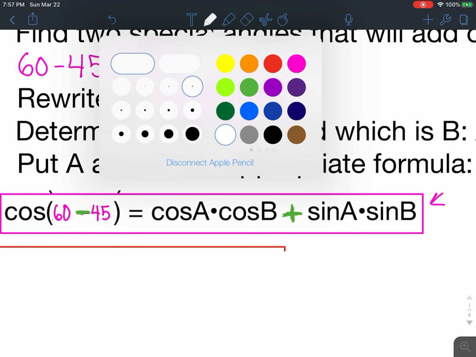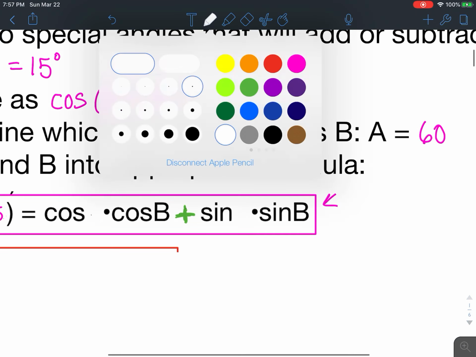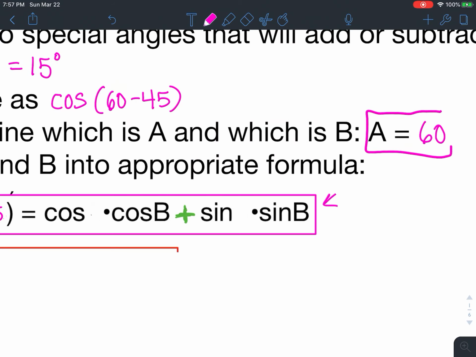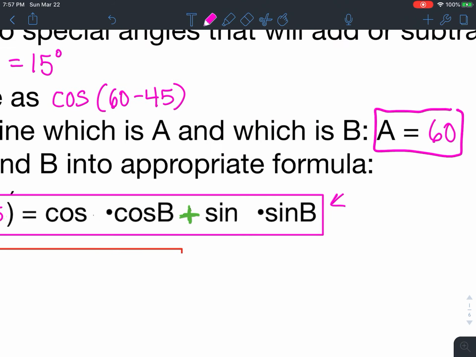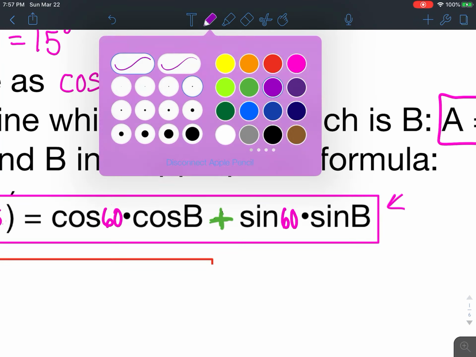And now for these A's, I'm going to take the A's out. And what am I going to put in its place? I'm going to put 60 because A is 60. So I'm going to put a 60 here, and I'm going to put a 60 here.